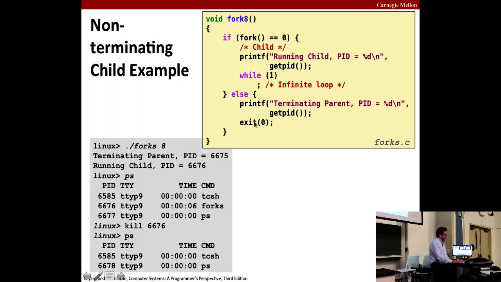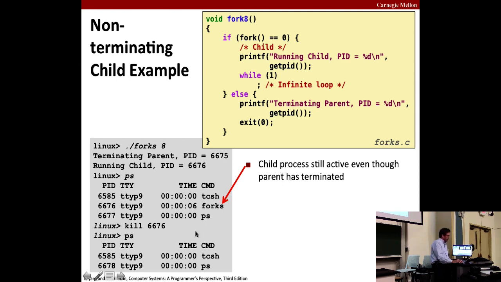So if we run this program, you can see the two messages from parent and child. And then if we look at the processes, we can see that the child is still running, even though the parent has terminated.